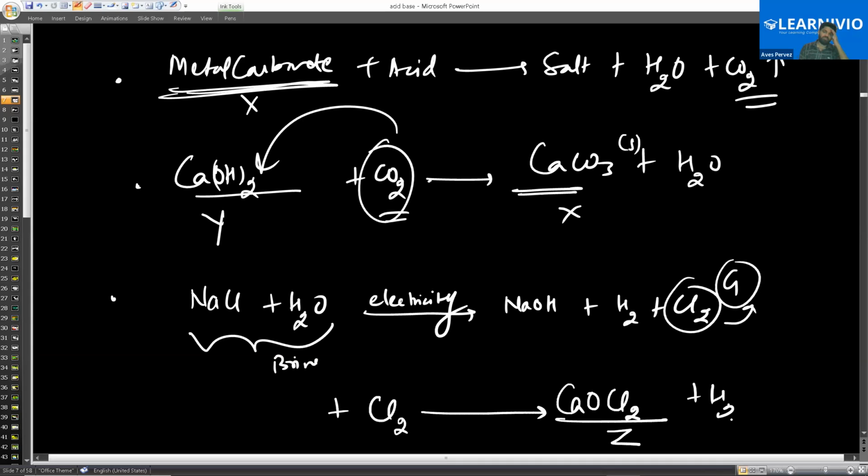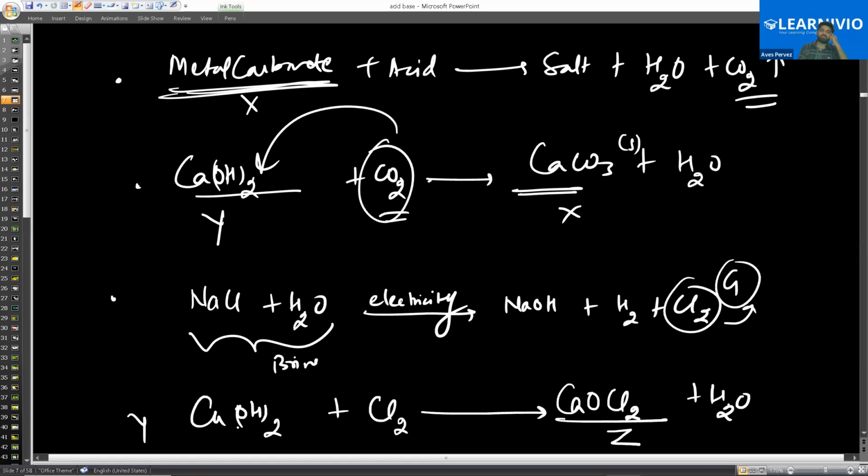So when chlorine gas is passed through dry calcium hydroxide, Y, it gives bleaching powder, which is used as a disinfectant. If you know the preparation of bleaching powder clearly, you will be able to solve this one.